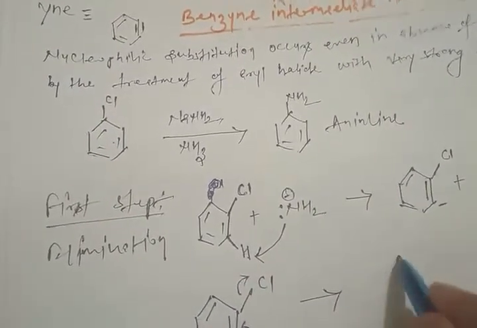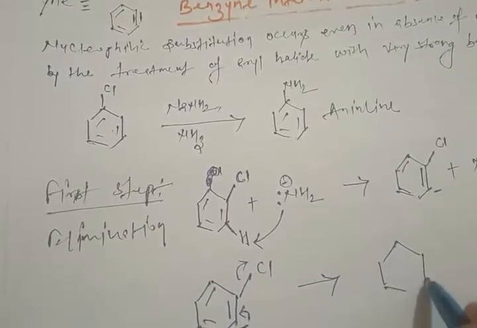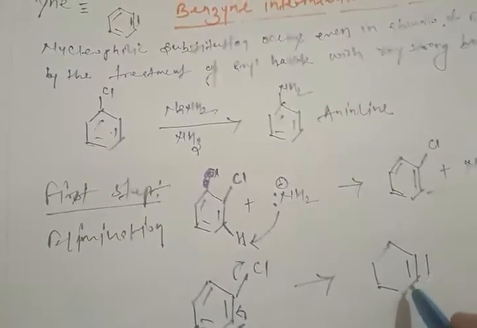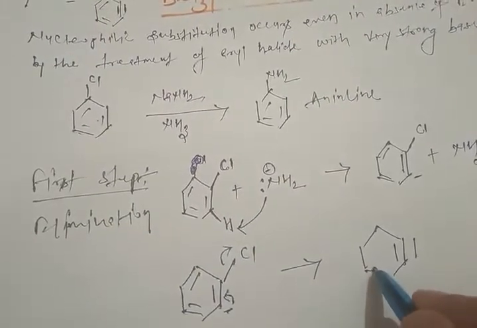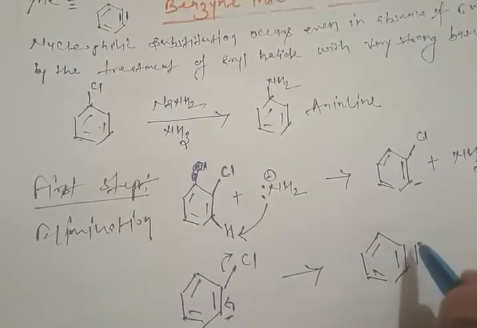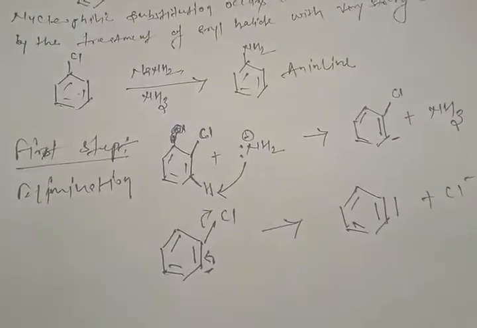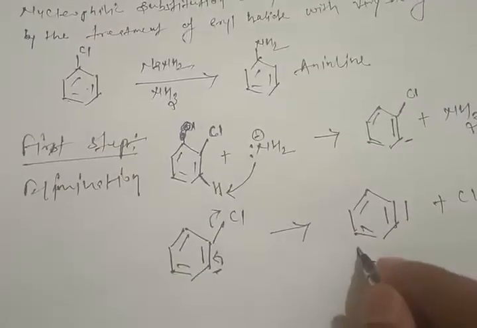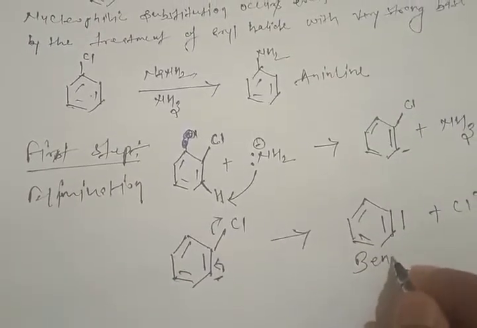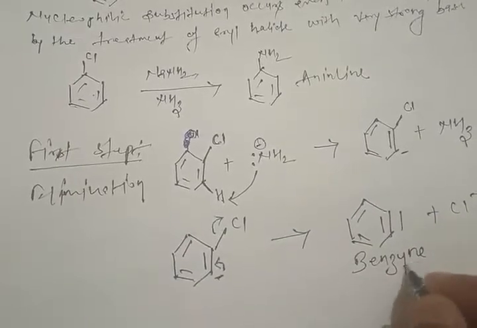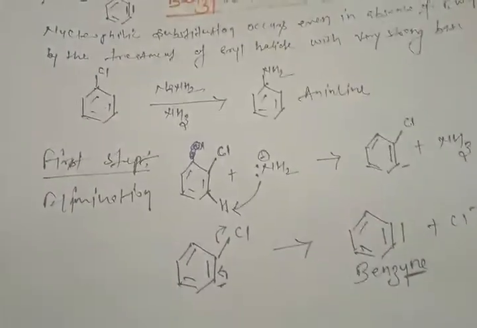So this will get you a triple bond, the chloride ion will be removed, and this is called benzyne. This is benzene with a triple bond. Yne is what? Triple bond.